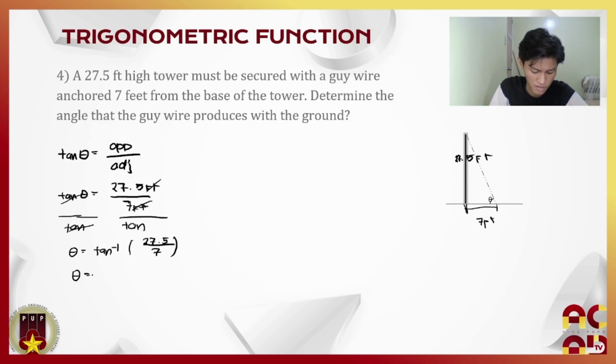So, tangent raised to negative 1, 27.5 divided by 7. That will be approximately equal sa 75.72 degrees. So, ito na yung ating final answer for this sample problem.